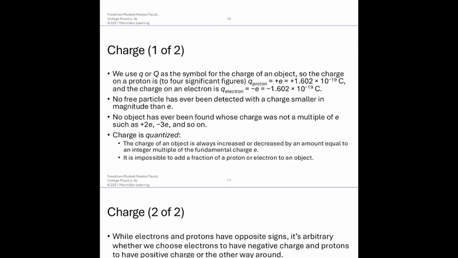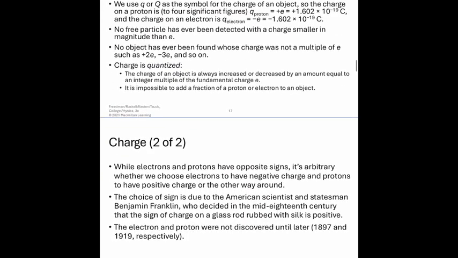So there is no particle with 1.2 e, or 2.6 e. It's always whole numbers times e. And what we call that property is quantization. So we say that charge is quantized, that it only appears in integer multiples of e. There's no fraction of e on a single particle in the observable universe.